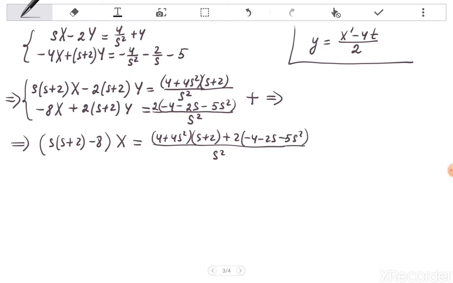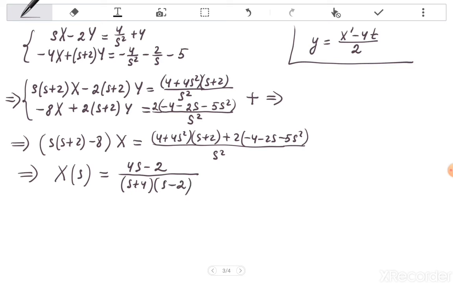And you can check that from this equation we find that X of s is (4s minus 2) over (s plus 4)(s minus 2).